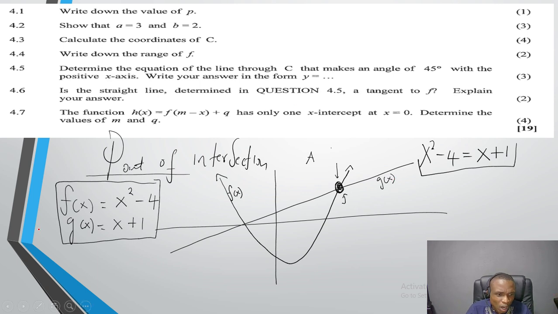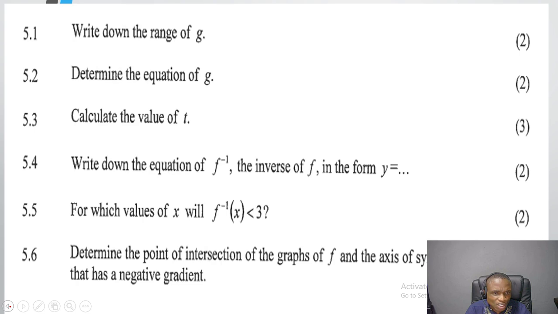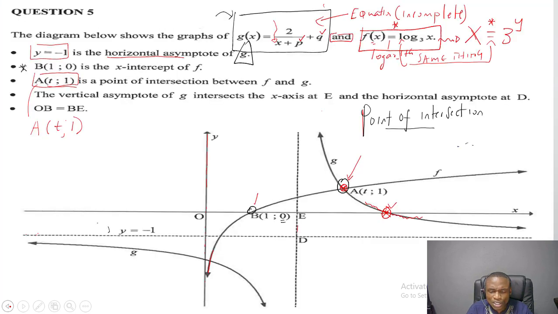So now let's go back to our question here from the examiner. He's giving us the point A. He's saying this is where F meets G. But in this case, the examiner gave us the Y coordinate. So if he asks us to find anything here, he might want to know the X coordinate.